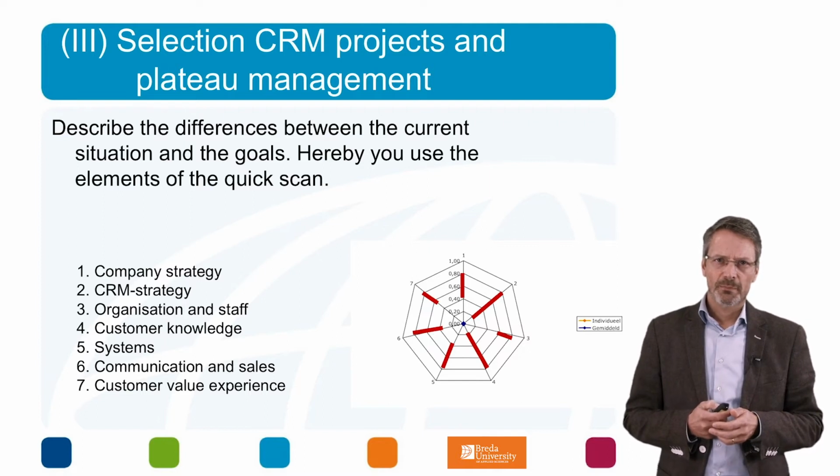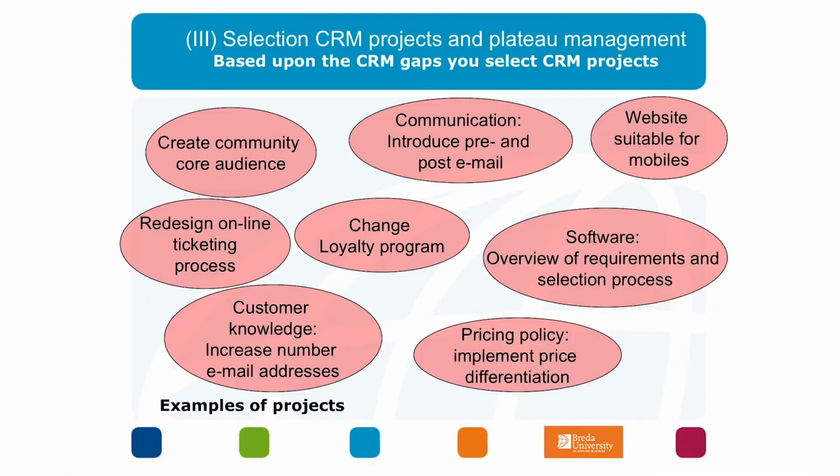And here is an example about these specific CRM projects. And this is just an example. So you could focus on creating a community for your core audiences. You could take a look at your loyalty program. You could think about introducing a pre-mail or a post-mail. You could take a look at your pricing policy, try to improve customer knowledge, etc., etc. It all depends on your specific situation.